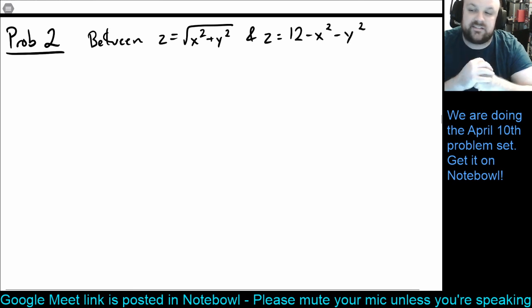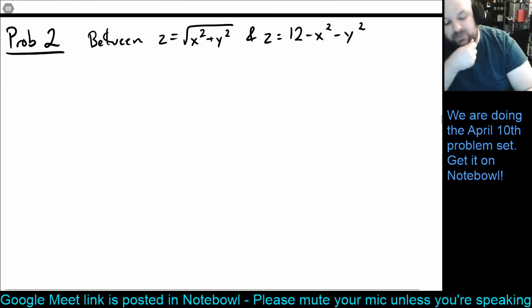What coordinate system do I want to use? When you see something like this, a cone is actually quite nice in spherical coordinates. It's not that bad in cylindrical coordinates, but it's really nice in spherical. However, a paraboloid is not so great in spherical, and it's quite nice in cylindrical. So in this case, we'll want to stick with cylindrical coordinates for this one.